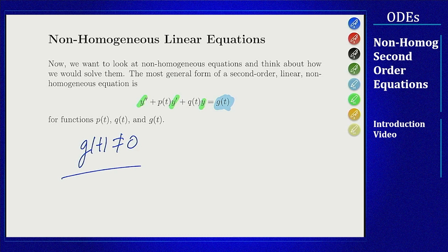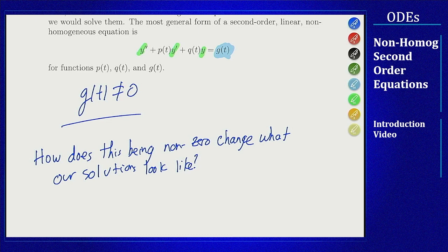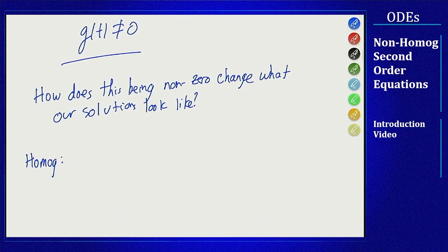So the question really comes down to, how does that change what our solutions look like? We have a pretty good idea theory-wise what our solutions always look like for homogeneous equations. The question is, how does that change if I make it non-homogeneous? Just a refresher, for homogeneous, we know we're always going to get something of the form c1 y1 of t plus c2 y2 of t, and that's always what this solution looks like in any case.